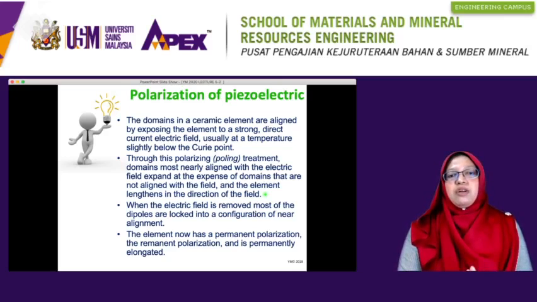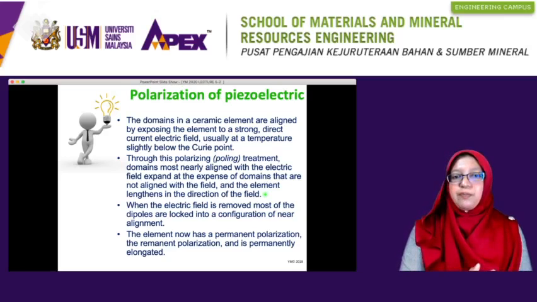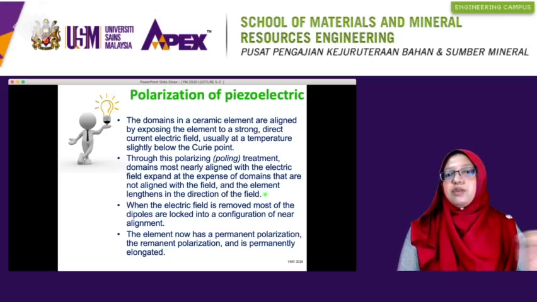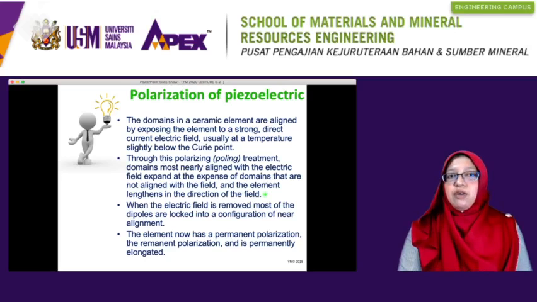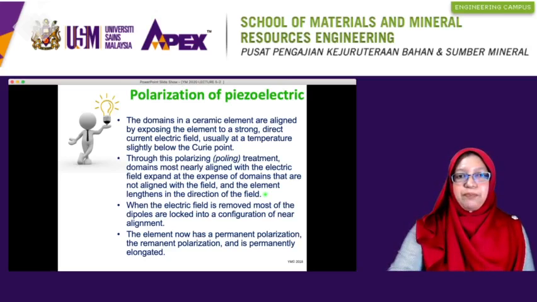Through this treatment, domains most nearly aligned with the electric field expand at the expense of domains that are not aligned with the field, and the element lengthens in the direction of the field. When the electric field is removed, most of the dipoles remain locked into a configuration of near alignment. The element now has a permanent polarization.